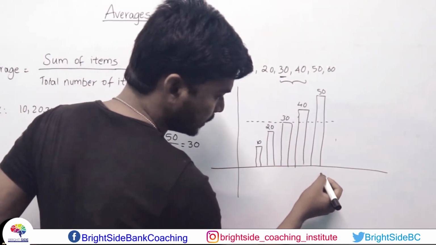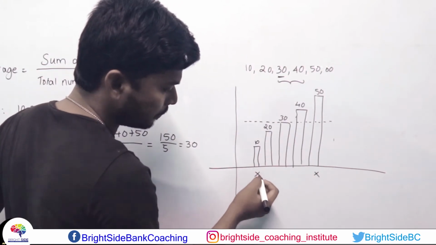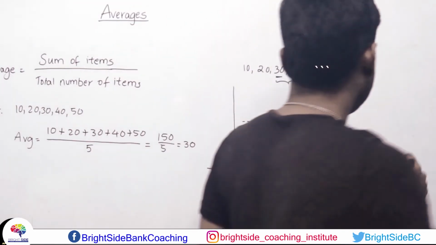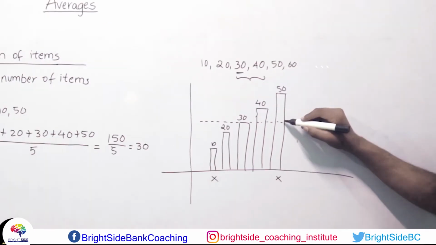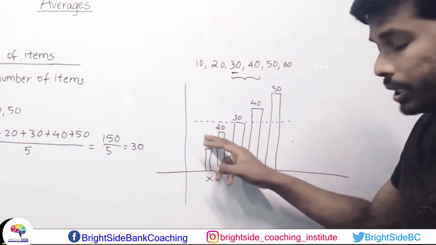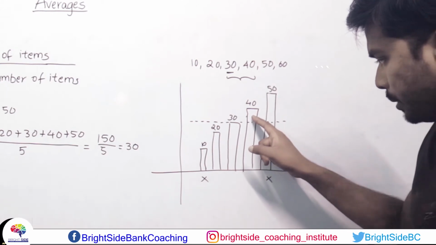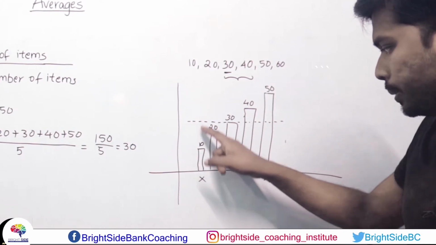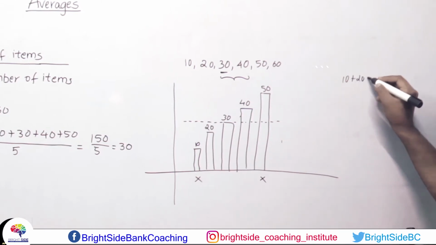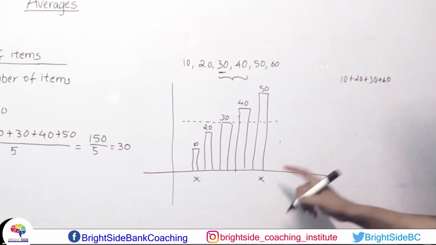So if you delete this item, then the average will go down. So if you delete this item, the average will rise up. So let us see that. Okay, so if you delete this element, what happens is the other elements will compensate for this element. So if this element is deleted, from here, here, and here, it will be compensating. So let us see the average first. So 10, 20, 30, 40, and we are not including 50 because we have deleted that.